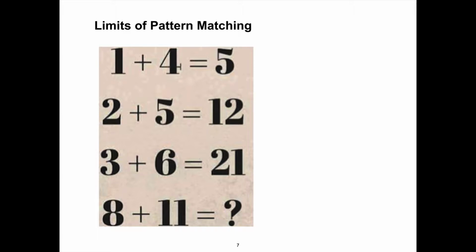What? What we're doing is it's a pattern, right? And we're trying to figure out what the pattern is. Clearly, the plus doesn't mean addition, because it should be 7, right?